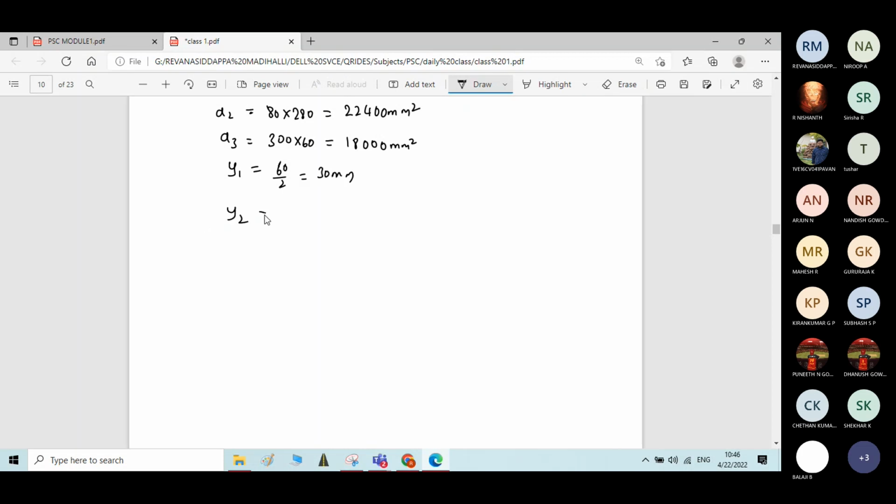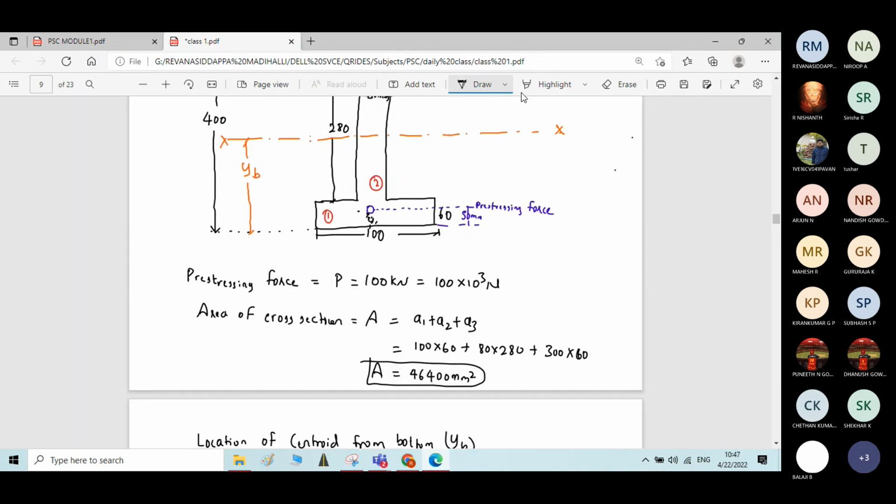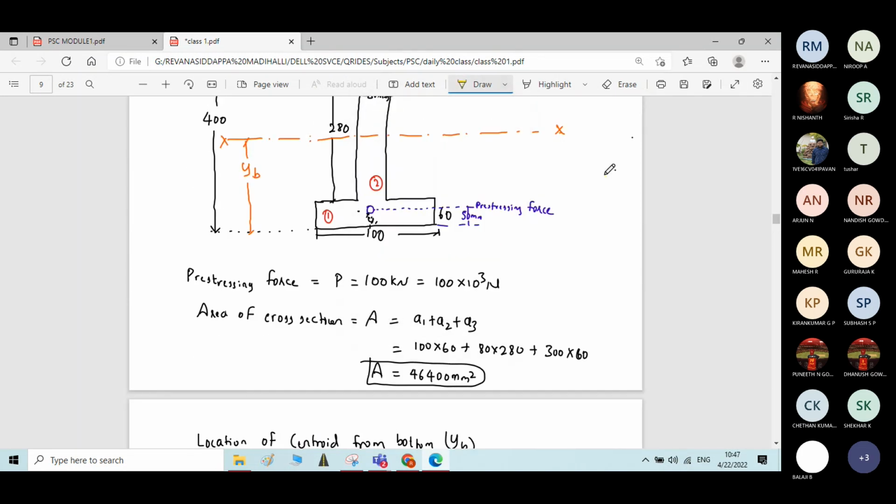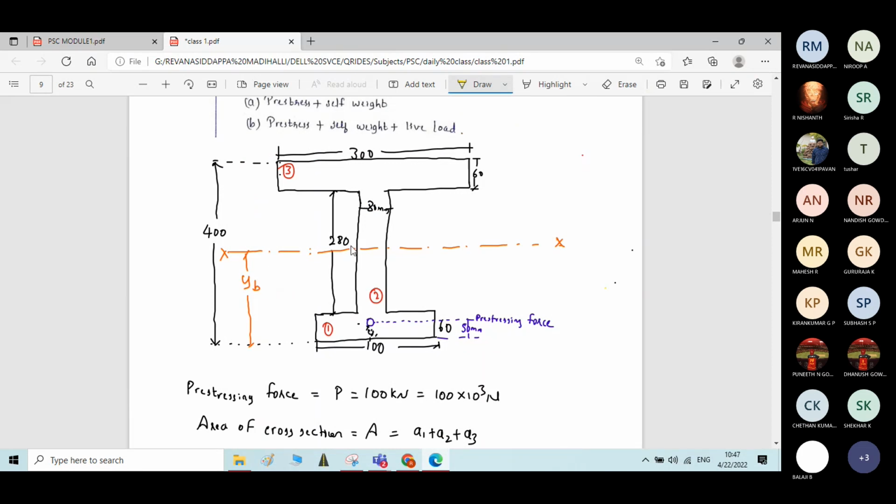Then you calculate Y2. Y2 is nothing but distance of centroid of rectangle 2 from base. How will you calculate it? You want distance of centroid of rectangle 2 from the base.